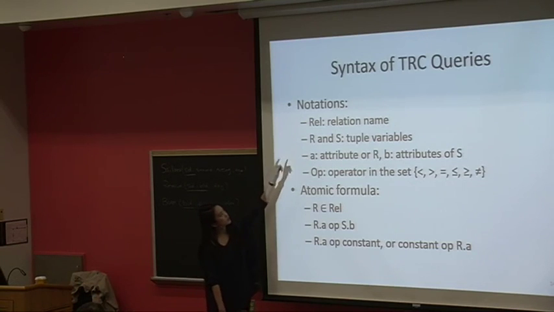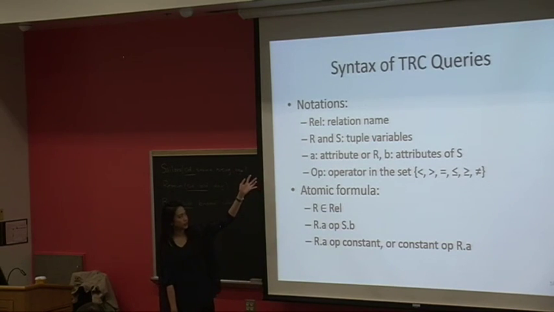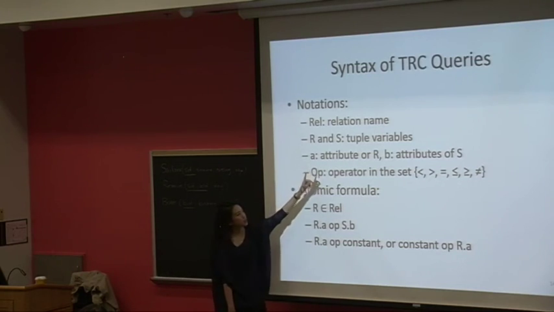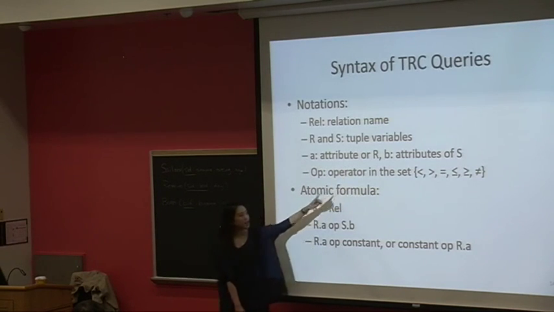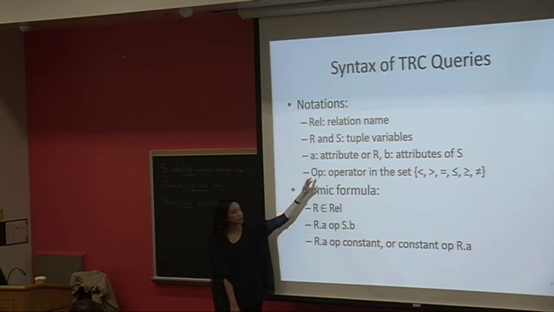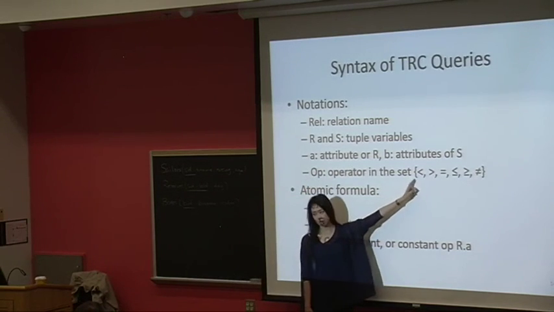If we use REL, we are just saying it's the relation name. If we use R and S, we're very familiar with them. They're just the tuple variables, which are the relations. A, we say it will be the attribute from R. B, attribute from S. And operators can be anything from here.